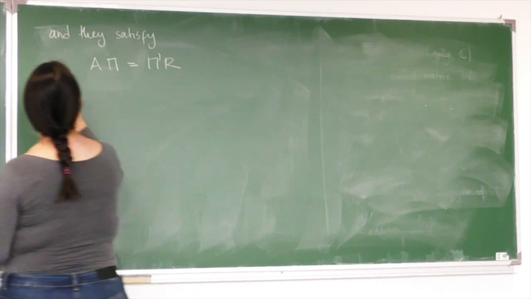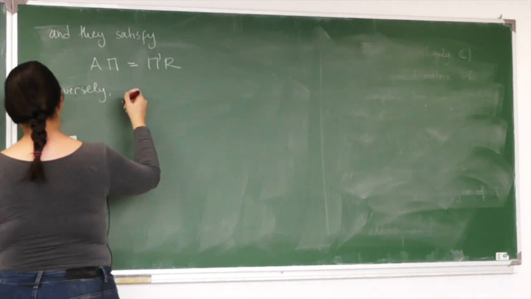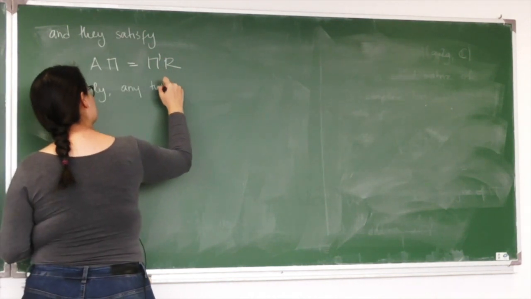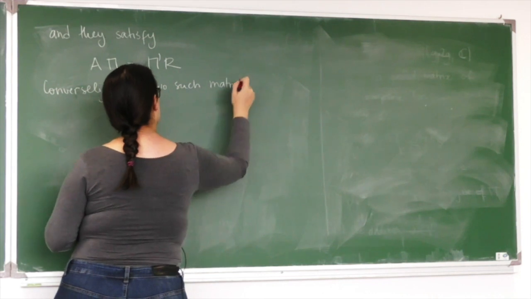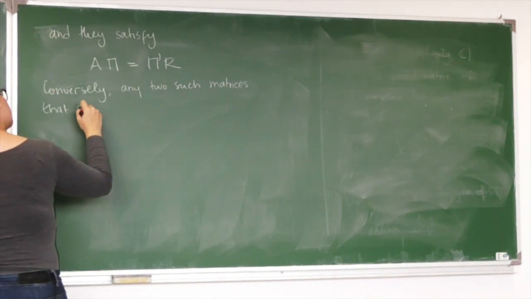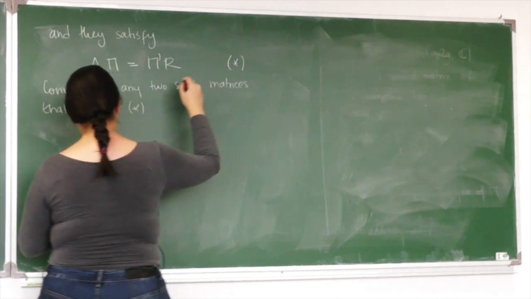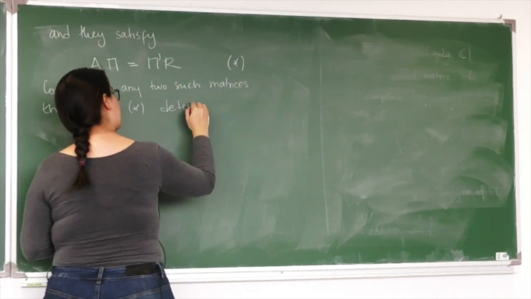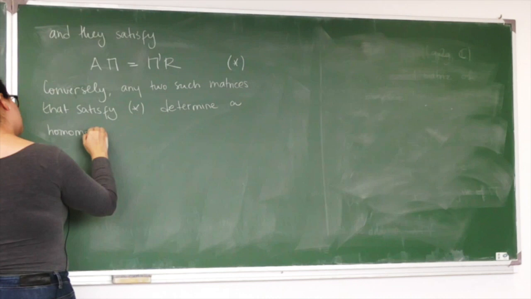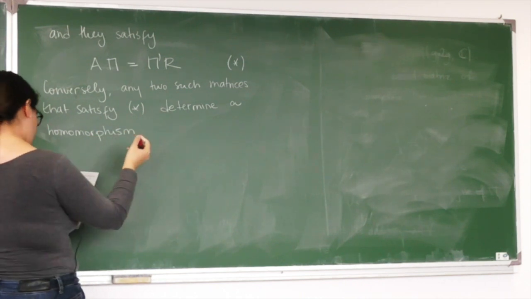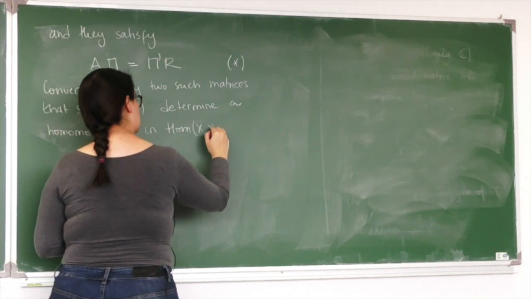And conversely, any two such matrices that satisfy this equation determine a homomorphism between the two complex tori.